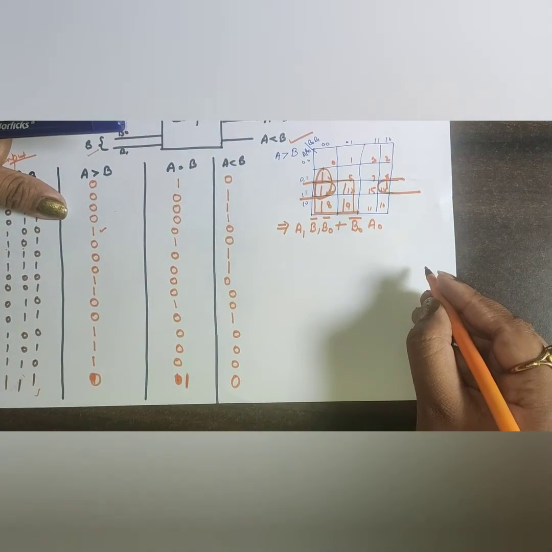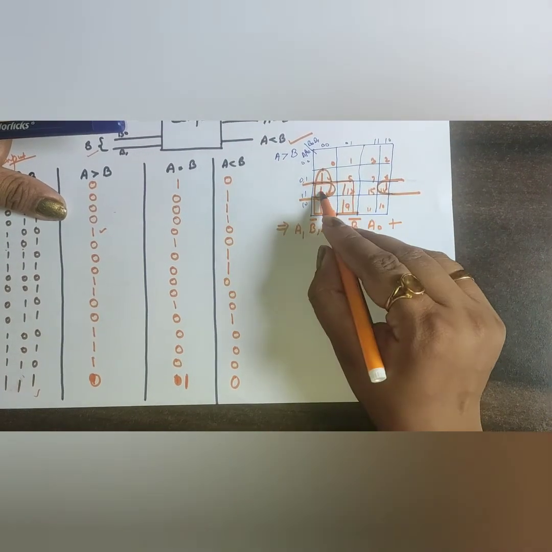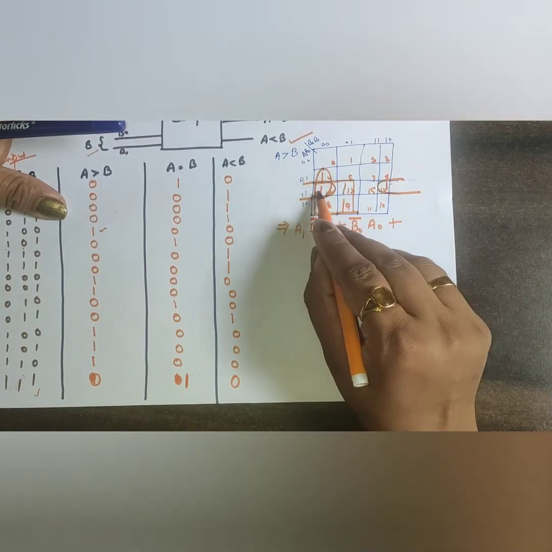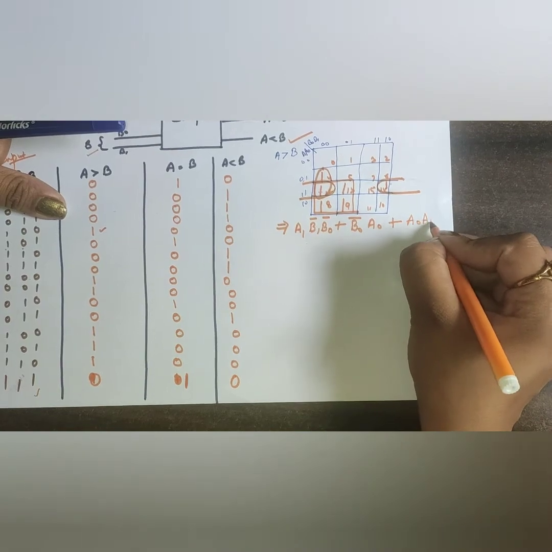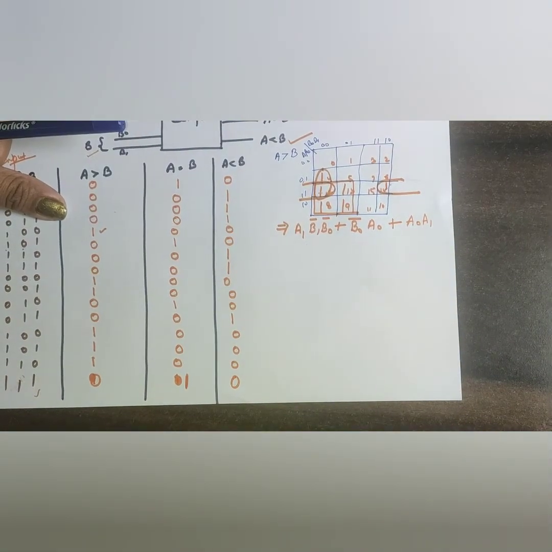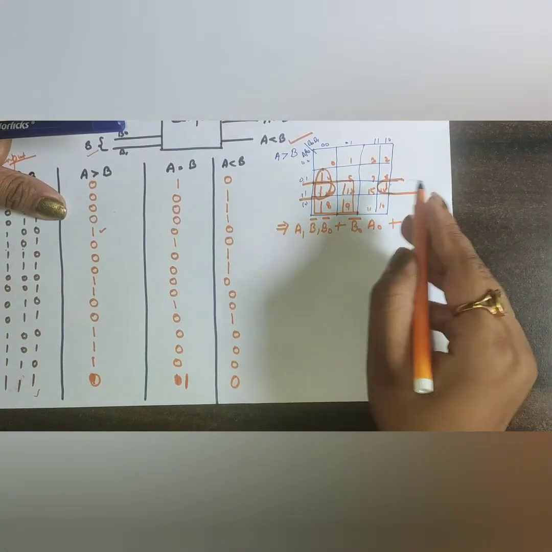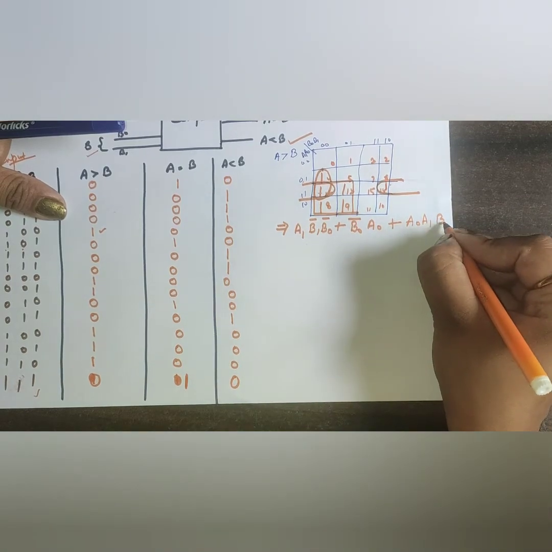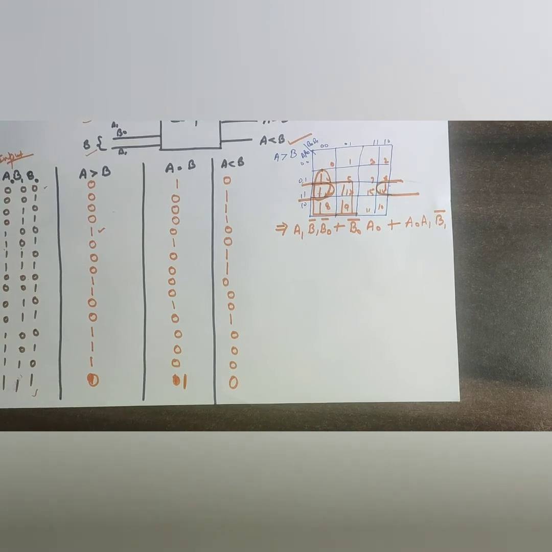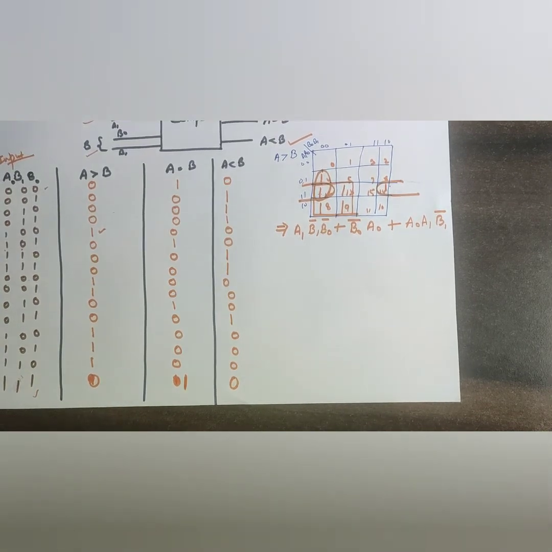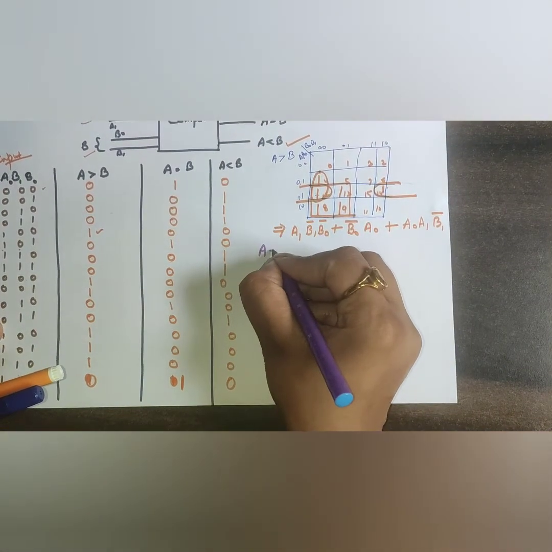Now plus from here to here, you can check A0 bar, A1, and from here to here only B1 bar.